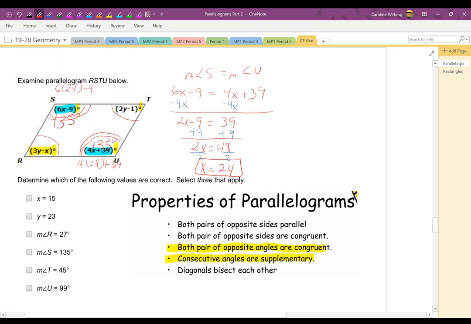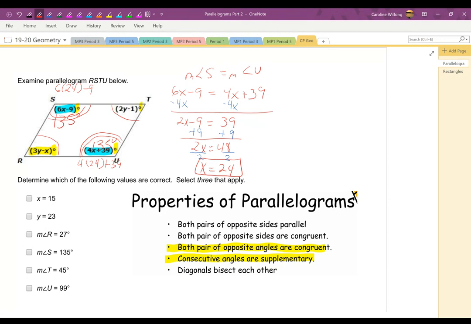So now I've got a choice. I can either substitute in my value of x in angle R and set it equal to the measure of angle T, or I can add the measure of angle U plus the measure of angle T, set it equal to 180. I actually like setting my two angles equal to each other since I now know what x equals.